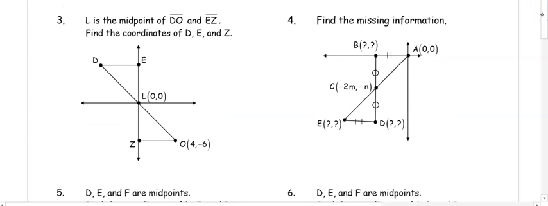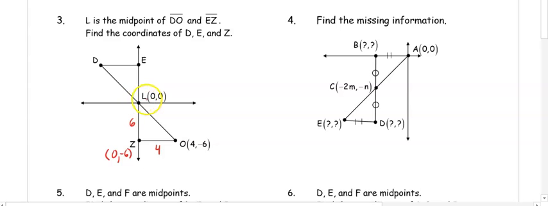In number 3, we want to find the missing coordinates here. So we start with O at 4, negative 6. That means it moved 4 on the x-axis and 6 on the y-axis. So if we move back left 4, we would subtract 4 here. So Z would be at 0, negative 6.